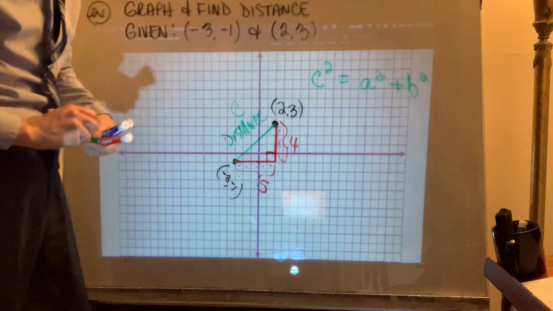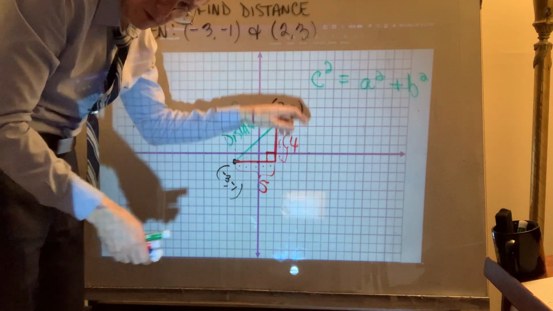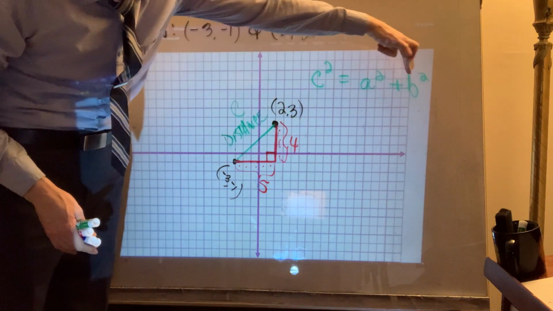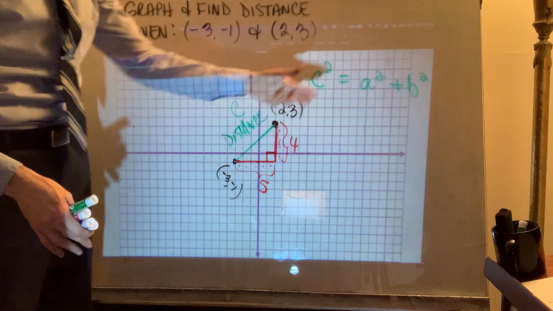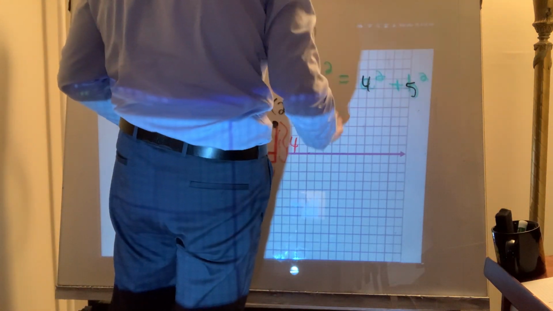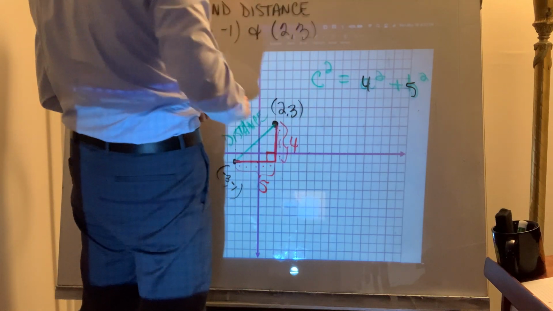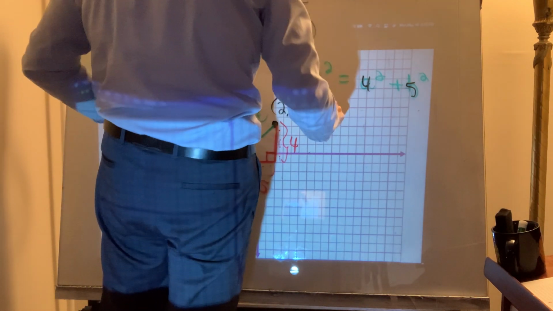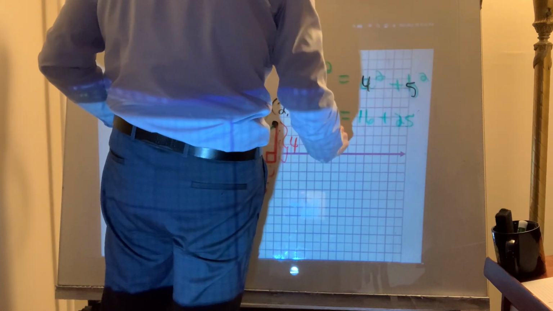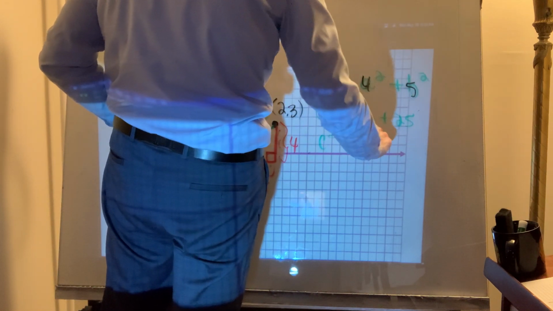You do have to perform a little bit of algebra for the cancellation effect to get it just so, but you would have the dimensions of 4 and 5 respectively. So if you have a 4 here and a 5 here, and c, I'll use this in a different color, your c squared would be 16 plus 25, and then your c squared would be 41.